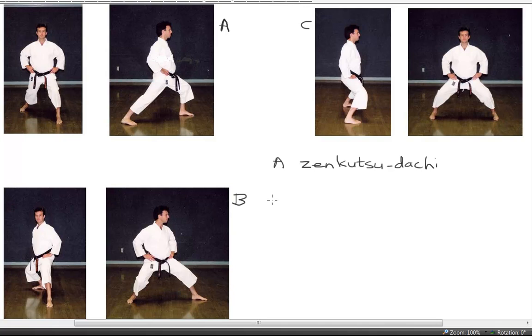I'll come back and explain this in just a minute. Stance B is kokutsu-dachi. That's the back stance. And then stance C is kiba-dachi. That is the horse stance.